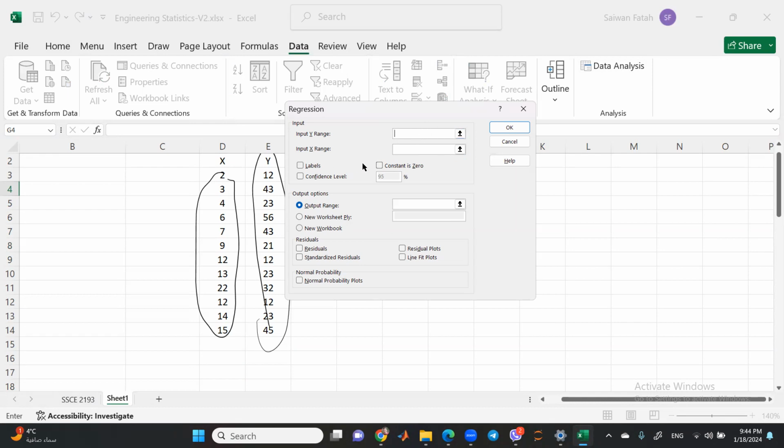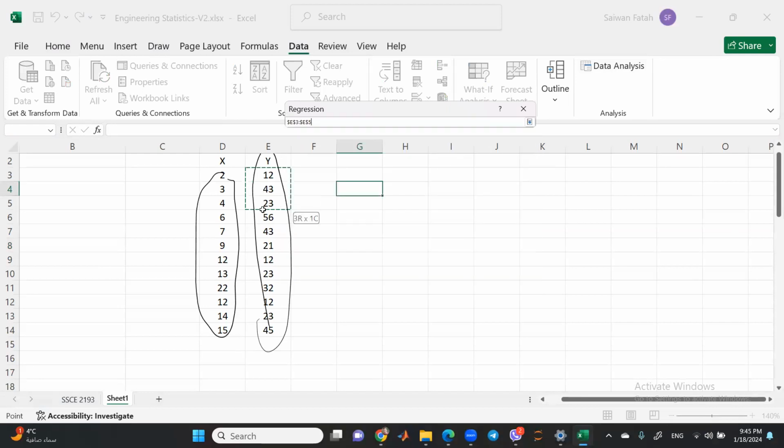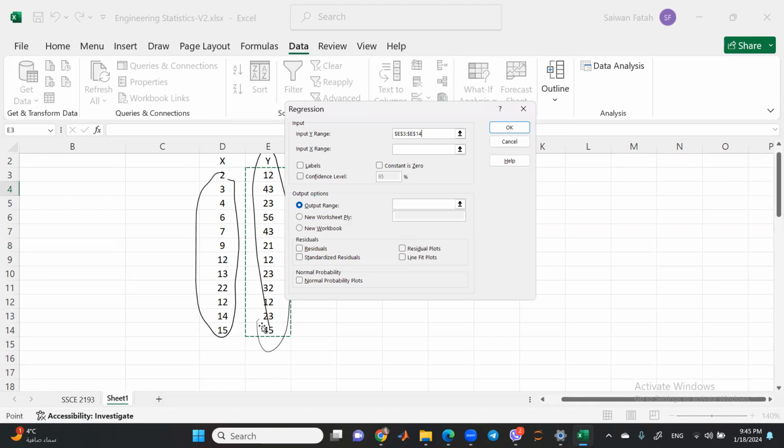Here, in the first box, we have input X range. So it's Y range. The first one is Y range. Put the Y values. Look, from the beginning to the end, select all. These are the Y values.